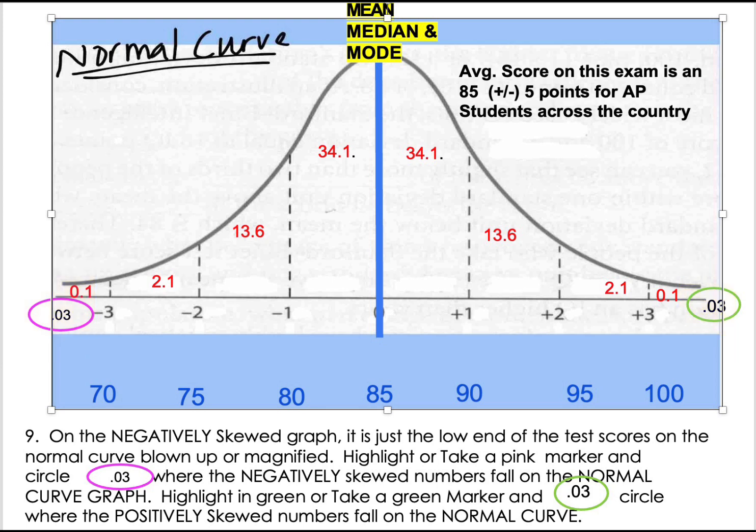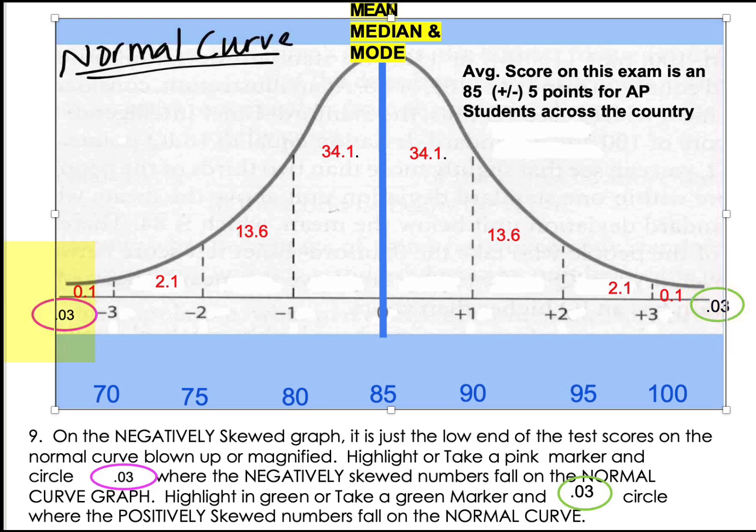That's where we're going to focus, as we're going to blow this up and magnify it to look more closely at that data for our 10 students who have a lot of outliers on either the positive side or the negative side of the average bell curve of most other students in the country that took this AP exam, who scored between a 70 and 100.